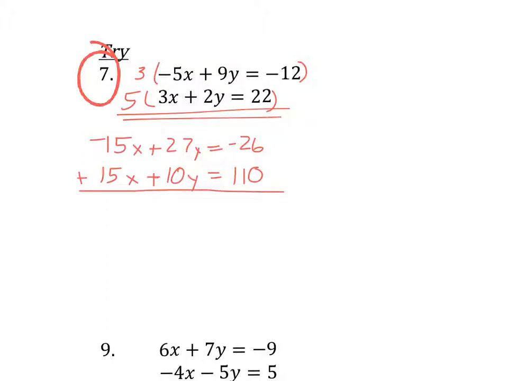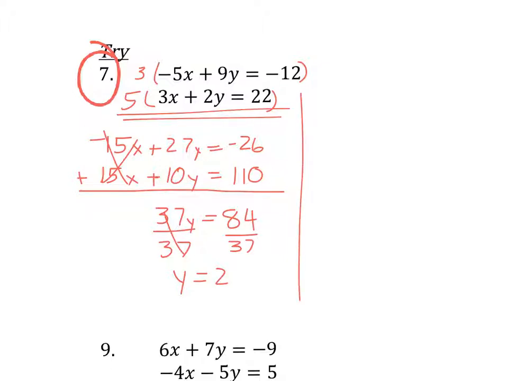Now I'm ready to add down. X's eliminate. 27y and 10y makes 37y. And then negative 26 and 110 would be, what, 84? So then divide by 37, and it gives me y equals 2. Okay, I need the x value to go with it.